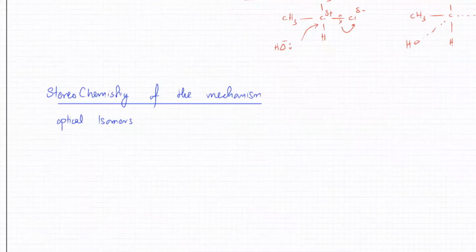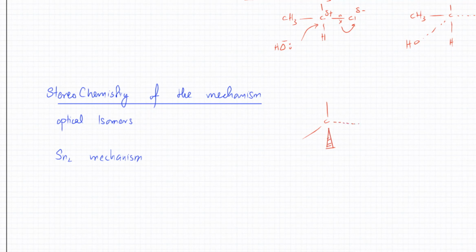If you have the SN2 mechanism, and if you remember this properly, optical isomers are mirror images. Like you'll have a carbon atom, and that carbon atom will be bonded to 4 different groups.